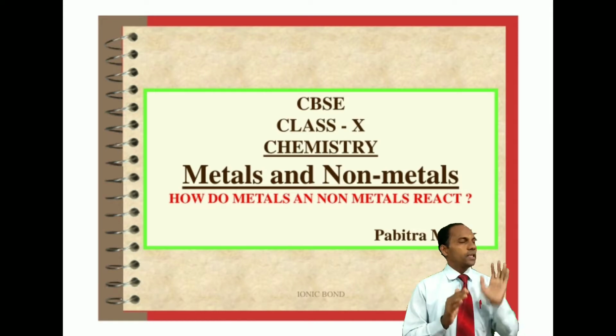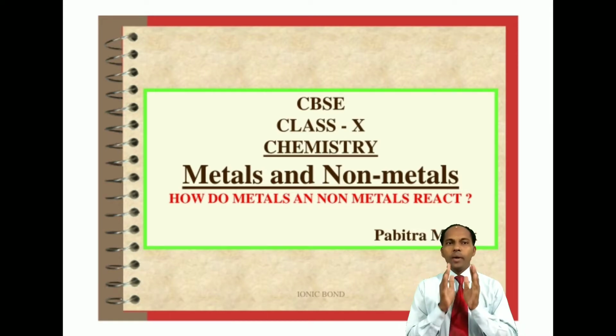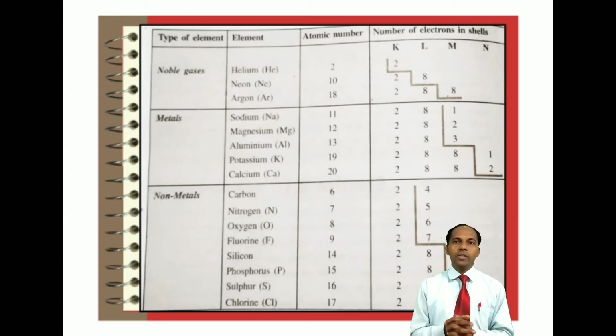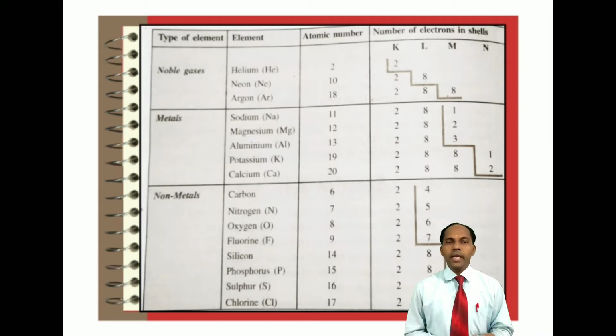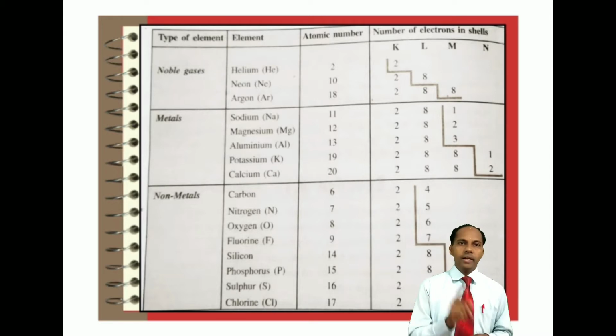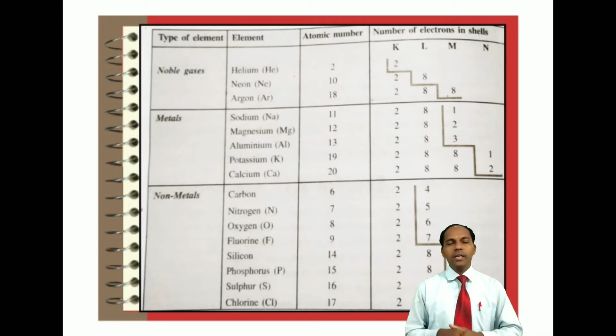Noble gases, except helium, like neon, argon, krypton, xenon, radon, have 8 electrons in their outermost shell. And helium has only one shell, so it has 2 electrons and it is inert.